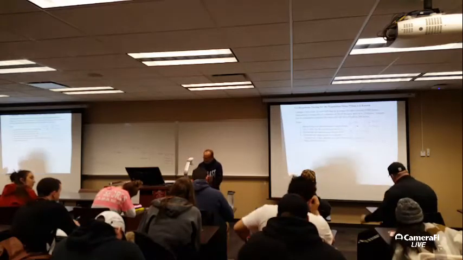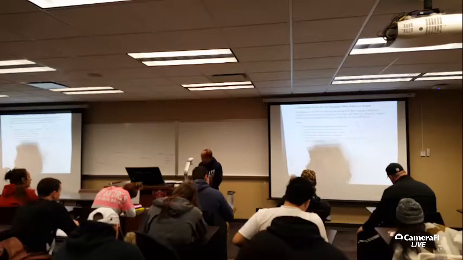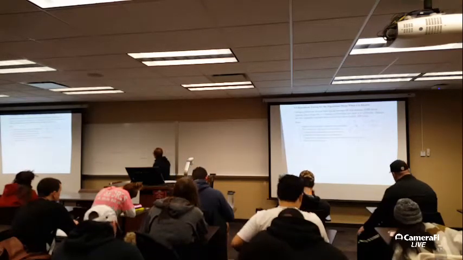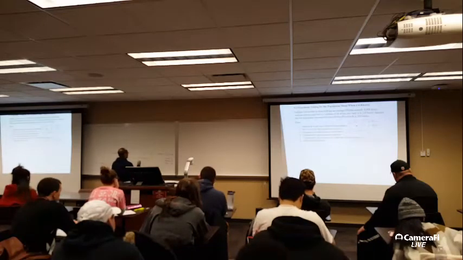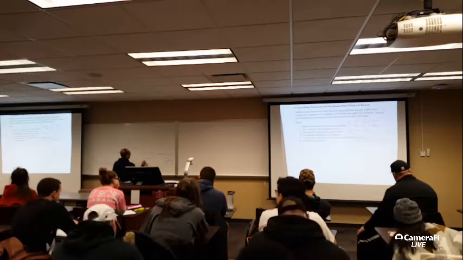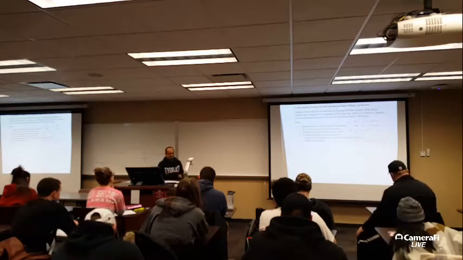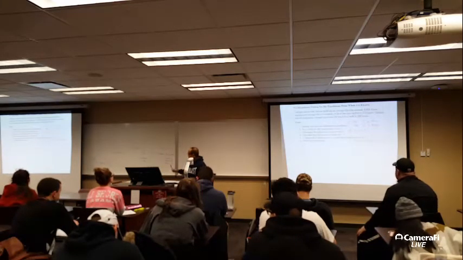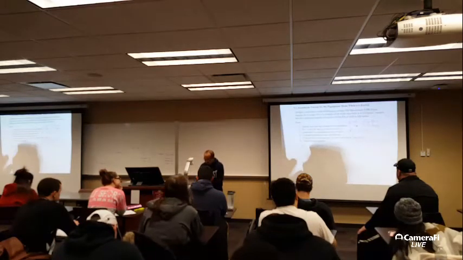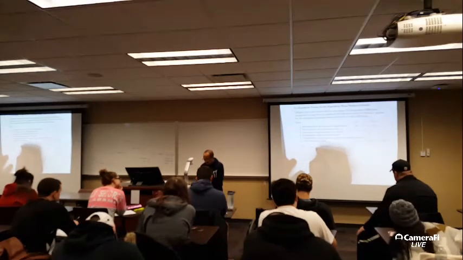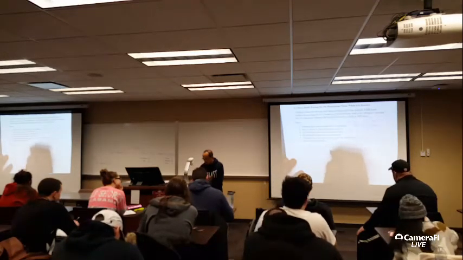Number 4, calculate the appropriate test statistic. This is called the calculated or test statistic. So according to this, Z equals x bar minus mu divided by the standard error.